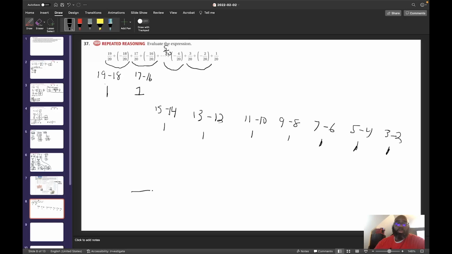So the answer is all of these are adding fractions that have the common denominator of 20. So the answer is still going to be over 20. So the answer is all these ones plus this last one right here. So I'm going to write it out. This first one, 1 plus this second one, 1 plus this third one is 1 plus this fourth one is 1 plus the fifth one is 1. 1, 2, 3, 4, 5 plus this sixth one is 1, 6, 7, 8 is 9 of them, right?